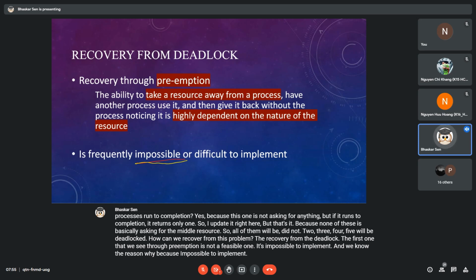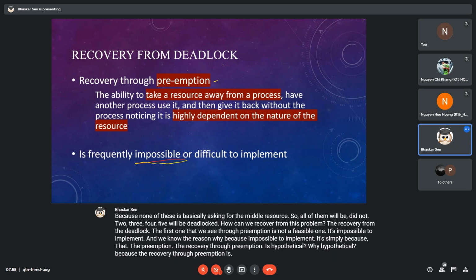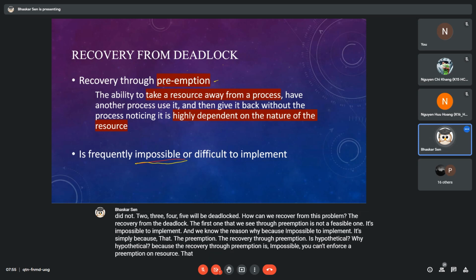The recovery through preemption is hypothetical, because you can't enforce preemption on a resource that is dominantly non-preemptive.